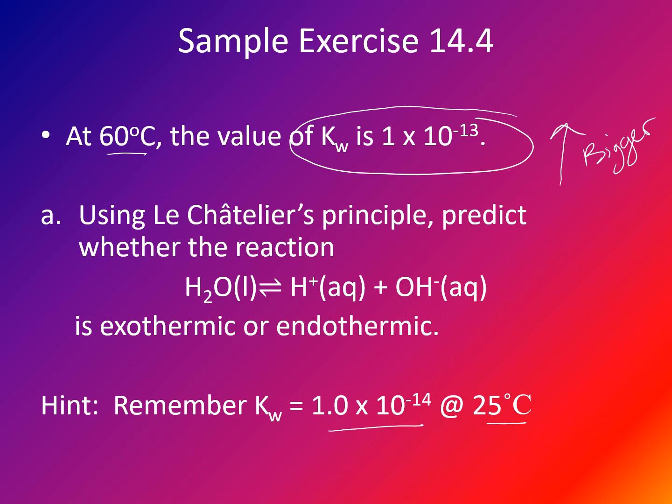So 1 times 10 to the minus 13th is bigger than 1 times 10 to the minus 14th. So we know that this process is endothermic, and by adding energy, it's going to shift to the right, creating more ions, which will make a greater Kw value.